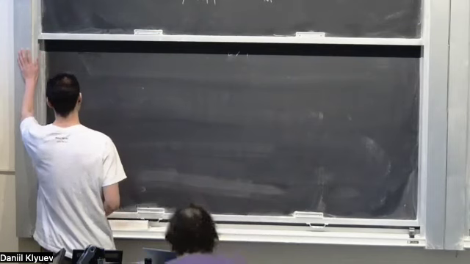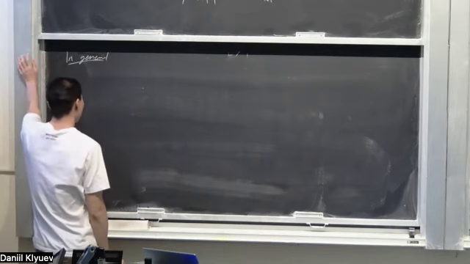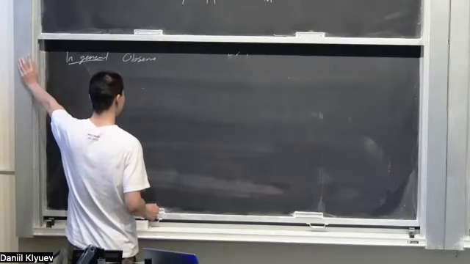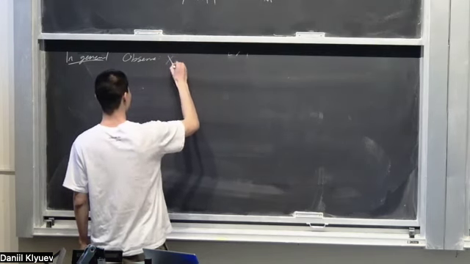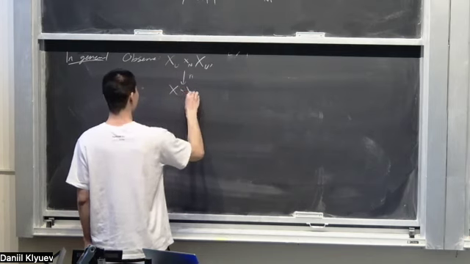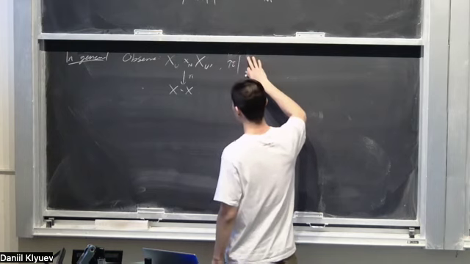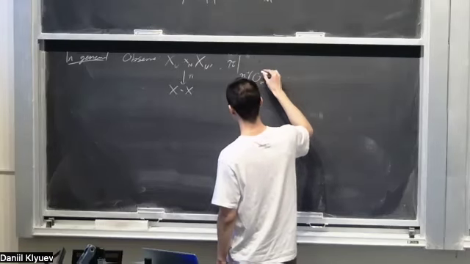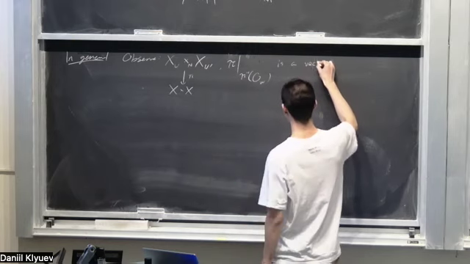Okay, so in general, observe that if we take X_U times X_U prime projecting onto X cross X, then pi restricted to each G orbit in the bottom is a vector bundle. So this is a fibration, is my point.